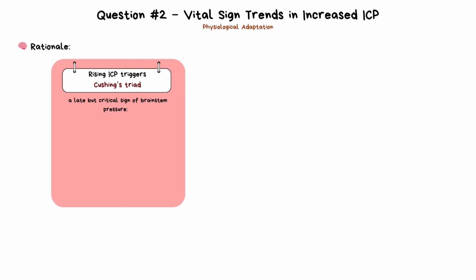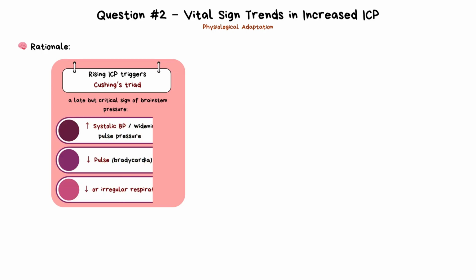As intracranial pressure rises, the brainstem senses that blood flow to the brain is being reduced. To compensate, the body increases the systolic pressure to push more blood into the brain. That's the widening pulse pressure you see. At the same time, baroreceptors trigger a vagal response that slows the heart rate, causing bradycardia.